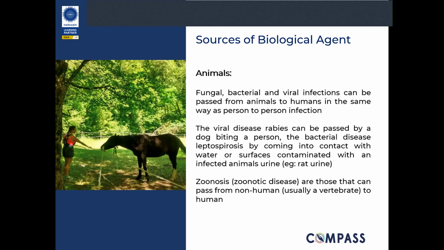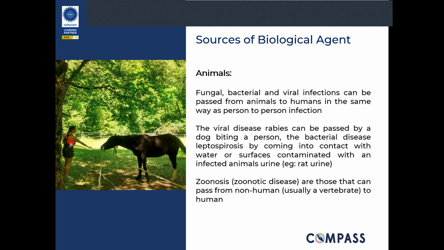Let's look at the interaction with animals and the potential for biological agent transfer there. So fungus or fungi, bacteria and viral infections passed from the animals to the humans in the same way as person-to-person infections. That are a bit more specific, should we say, to animals, and therefore we classify that as such. So the viral disease rabies can be passed by a dog biting a person.